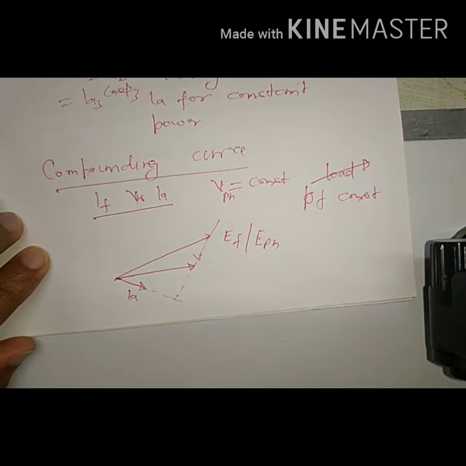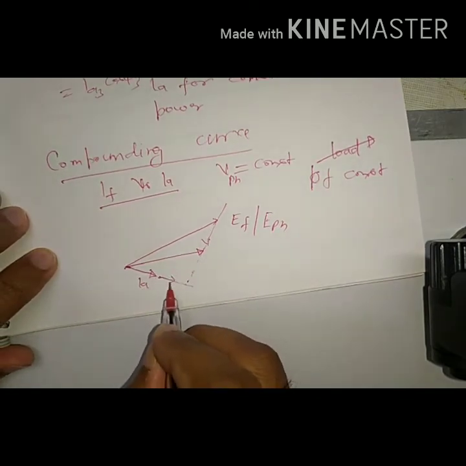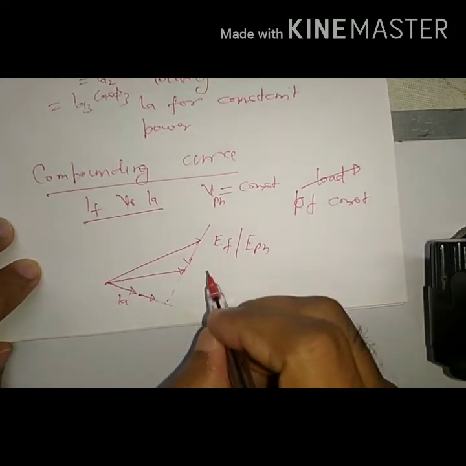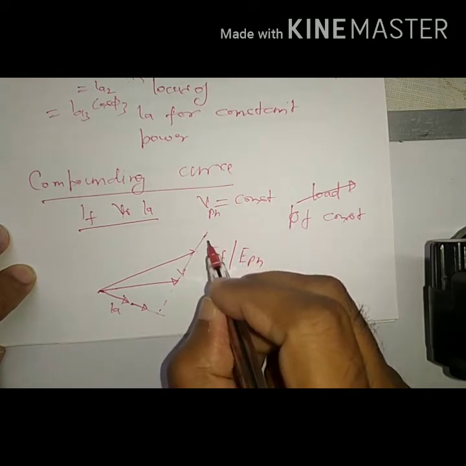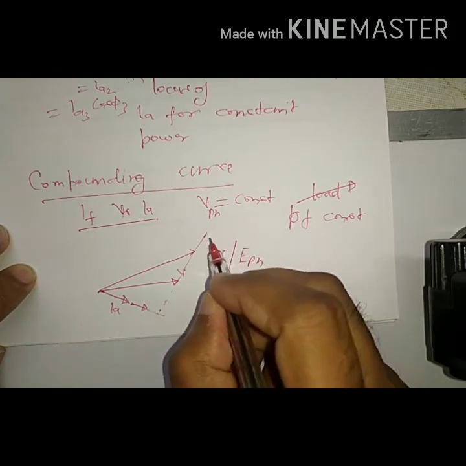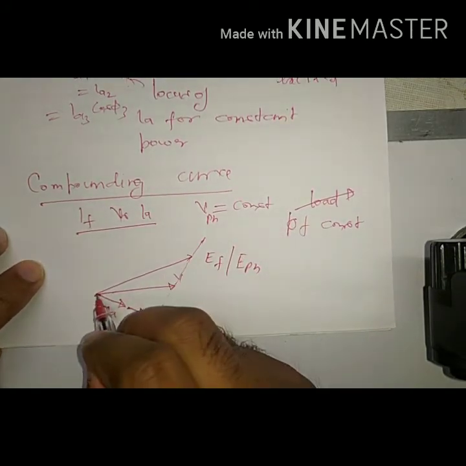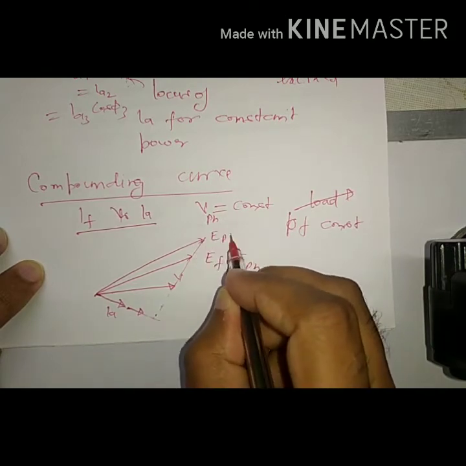But if at the same power factor the current is increased, then to meet the demand, excitation must be increased, because the load demand is increased. So excitation will be here again, EPH.